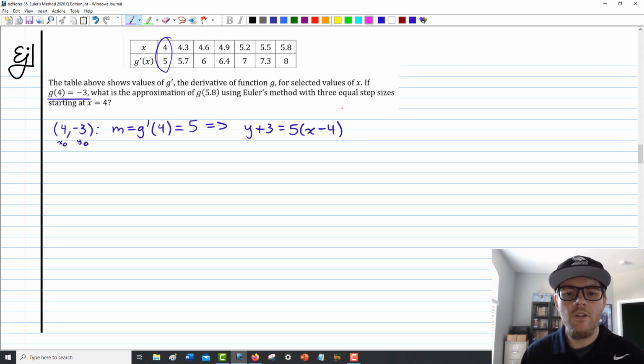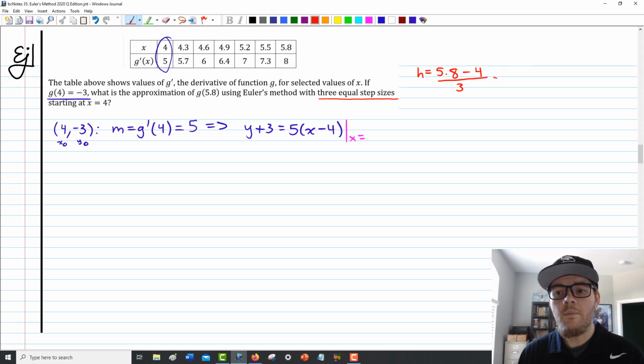And once we have that equation in place, we can plug in x equals our next value and move on from there. The problem is we don't know what that next value is because we haven't calculated out what our step size is. Right now we just know we need 3 equal steps. So to calculate that step size, which I'm going to call h for the moment, just using the old method of doing it, our step size is going to be 5.8 minus our initial value, which is 4, divided by 3 because we have 3 steps.